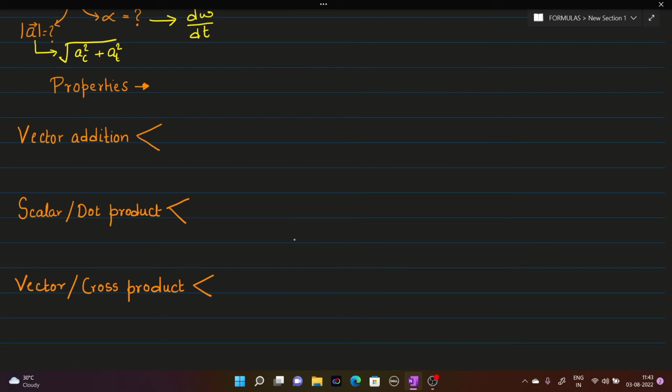See, first, vector addition follows the commutative law. Second, it follows the associative law.